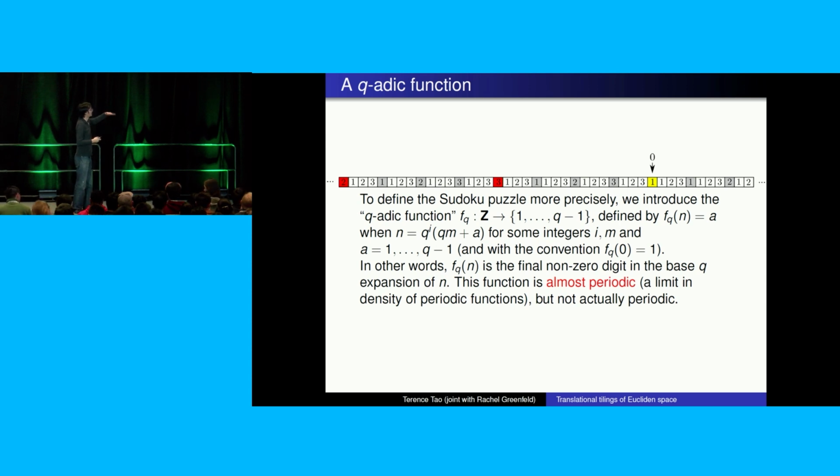And you basically want your Sudoku, to solve your Sudoku, it has to look like this almost periodic function in every direction of finite slope. And it turns out that if you enforce that, and then you enforce a very minor non-degeneracy condition, it also implies having this p-adic structure in the vertical direction, and that implies non-periodicity.